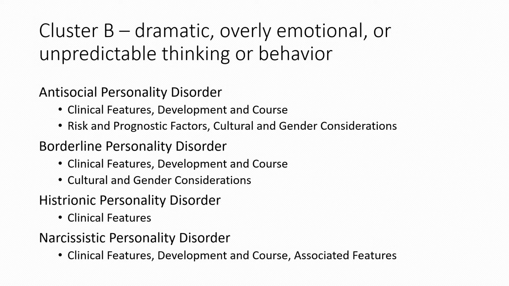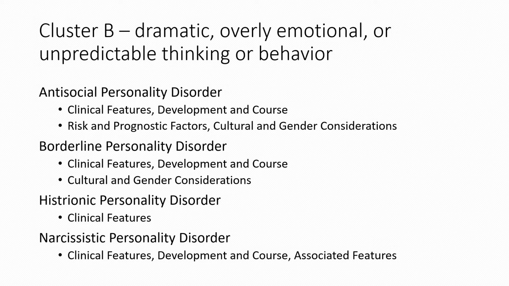Risk and prognostic factors: antisocial personality disorder is more common among individuals with first-degree biological relatives with this disorder. There also tends to be a risk for somatic symptom disorder and substance use disorder in biological relatives of individuals with this disorder. This may bring up thoughts about adverse childhood experiences, which will be discussed in further detail in another section.